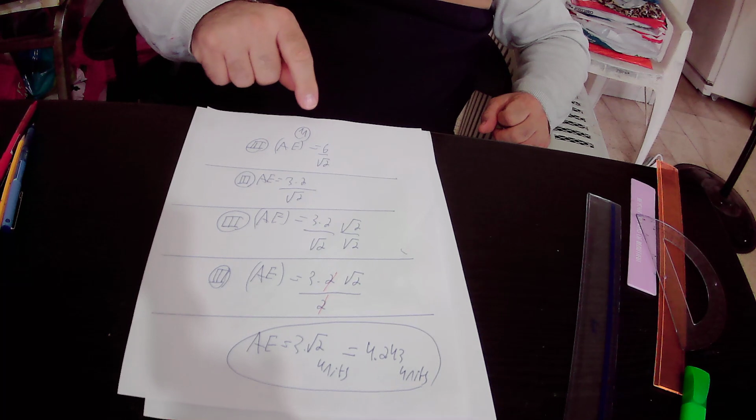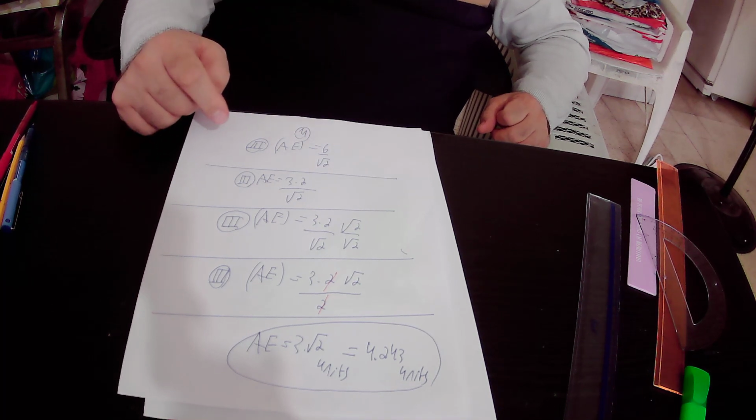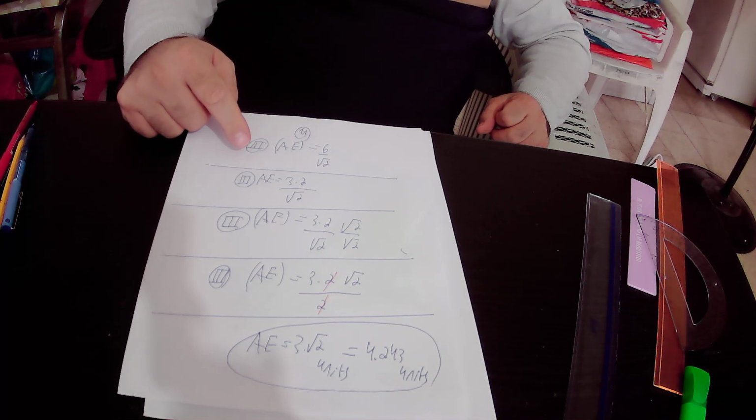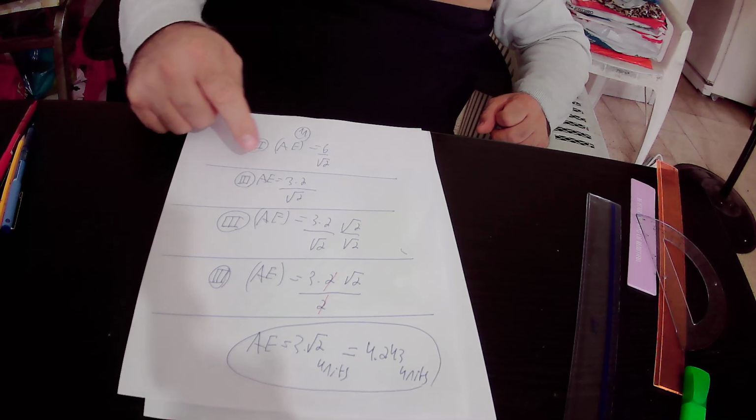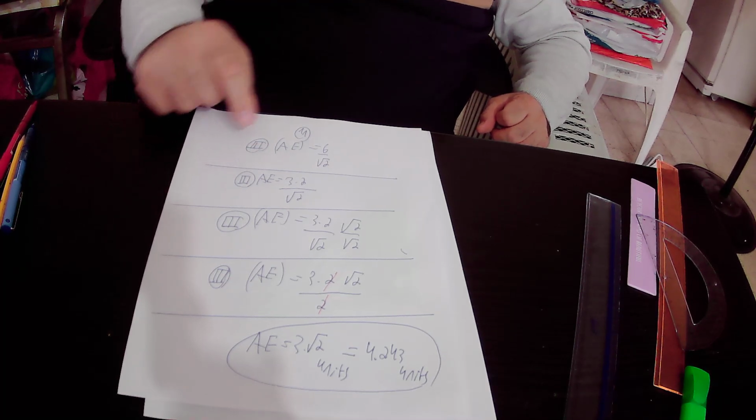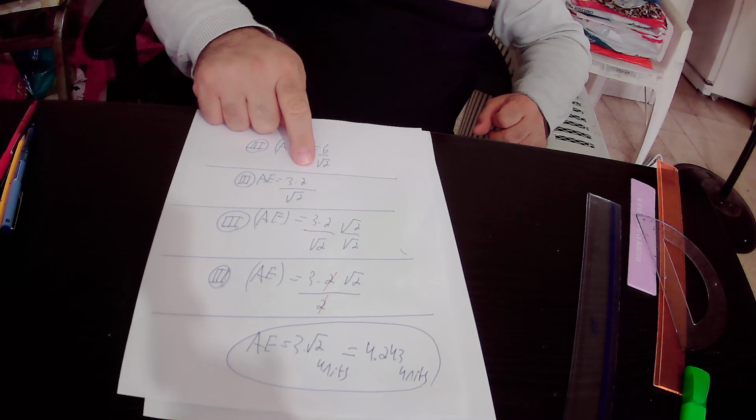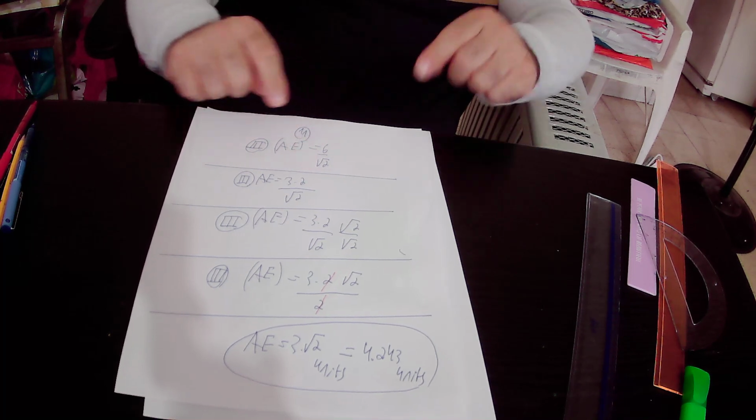We know that 6 equals 3 times 2, so AE equals 3 times 2 over the square root of 2. We multiplied this expression by the square root of 2 and then divided it by the square root of 2, so we changed nothing, and it is allowable to do it. We got this expression.